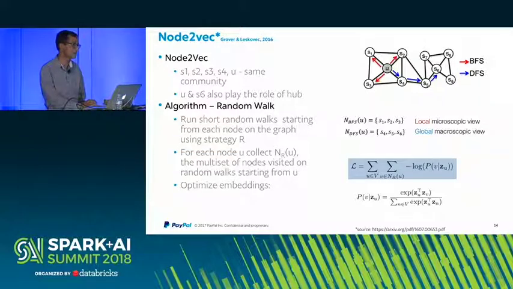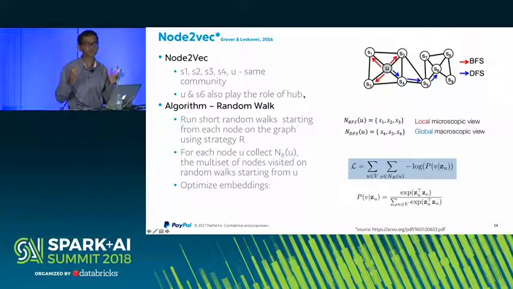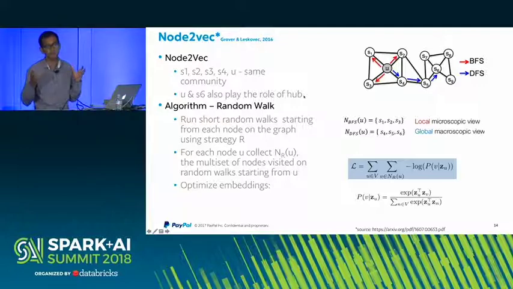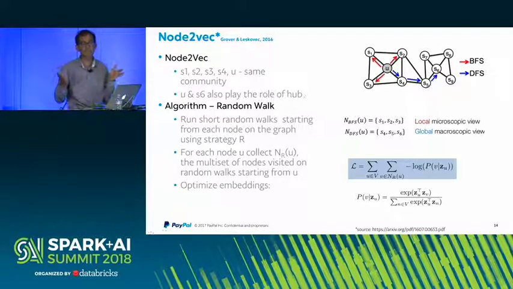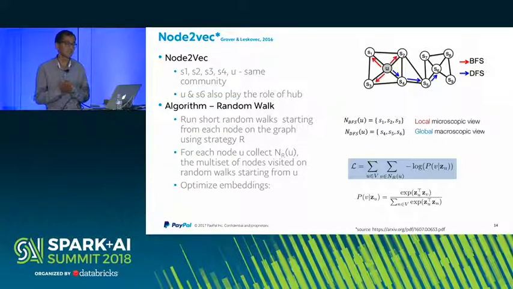The algorithm basically uses a random walk. Because you can't actually explore every one of those node combinations, you take short random walks. If you think of word2vec, I don't know if you attended the previous talk, in order to generate a word embedding for a particular word, you look at the adjacent words.